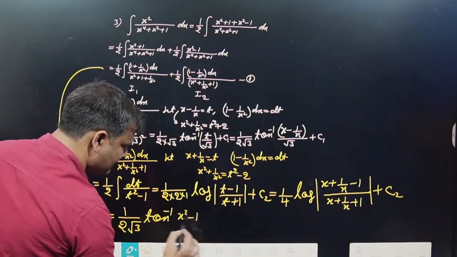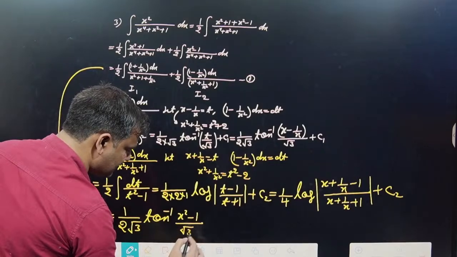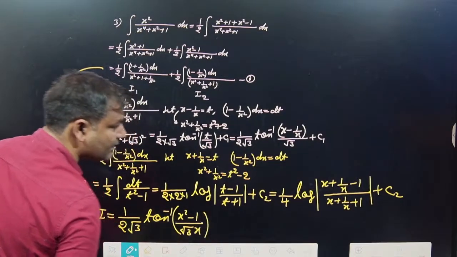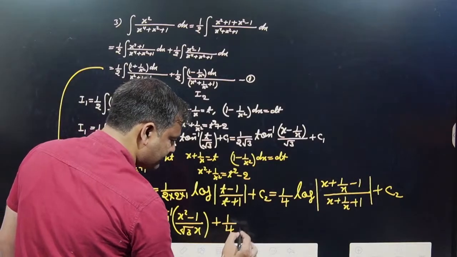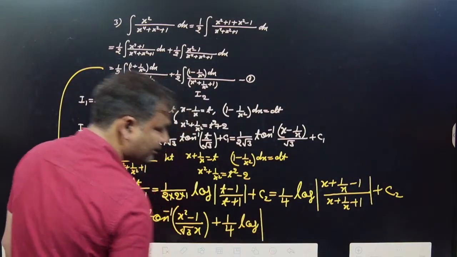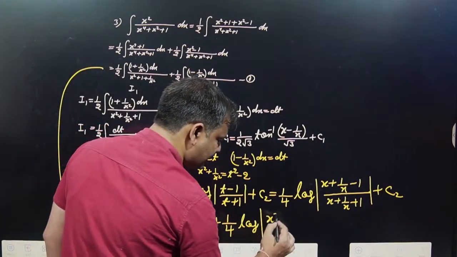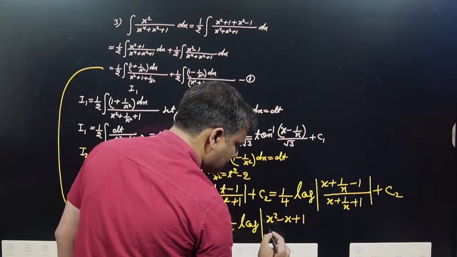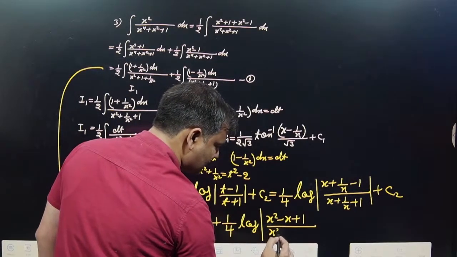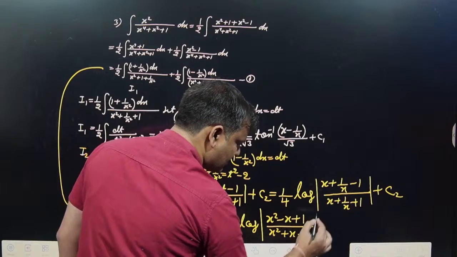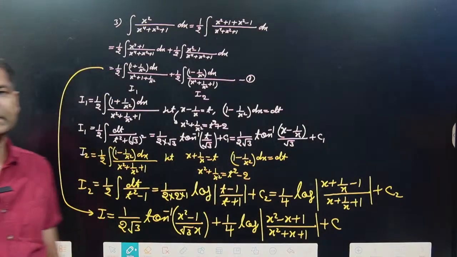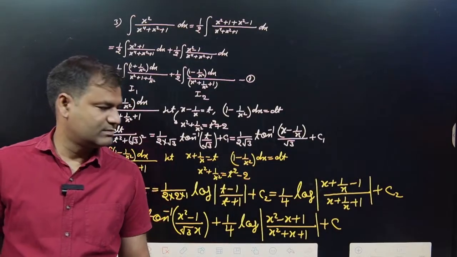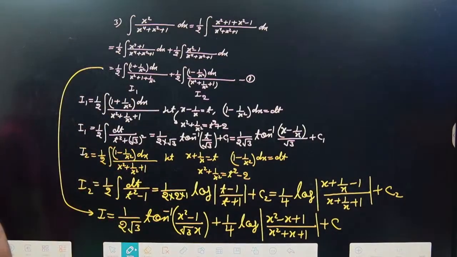X square minus 1 upon root 3 into x, plus 1 by 4 into log of x square minus x plus 1 divided by x square plus x plus 1, plus c. C1 plus C2, this is equal to how much? C. Okay, that is the right answer. This is the final answer.